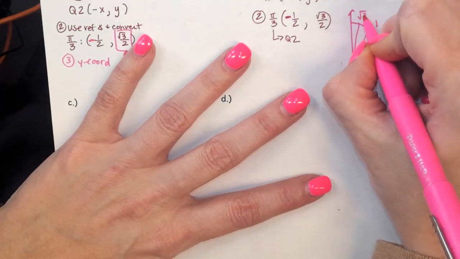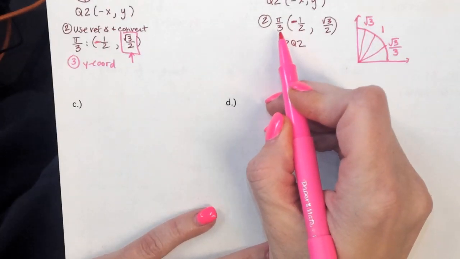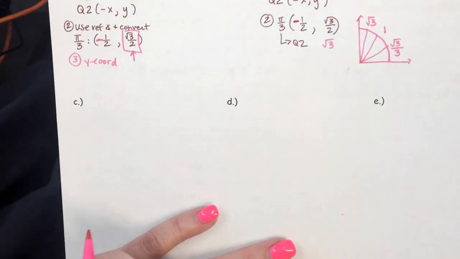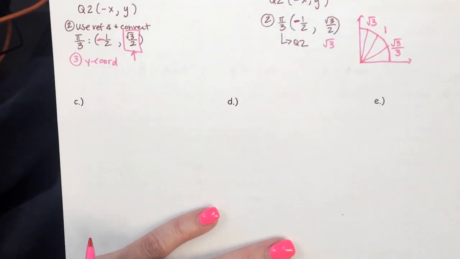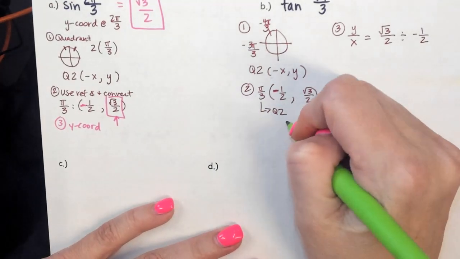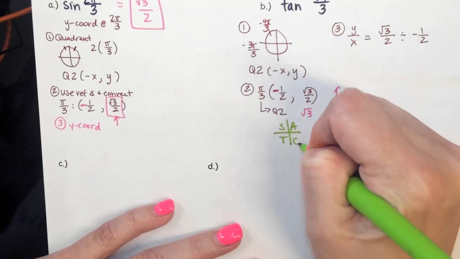They go in order. You can just use your reflection. So at pi over 3, if you can just remember that it's root 3 and then convert it to quadrant 2. Do you guys remember the acronym we use for where different values are positive? All students take classes.